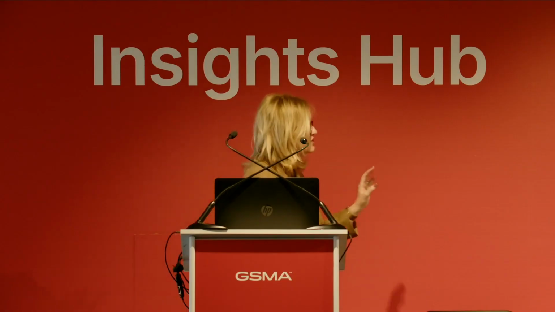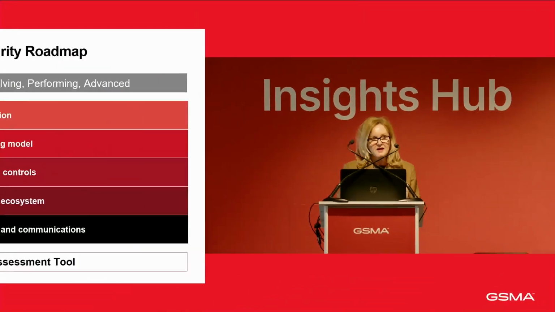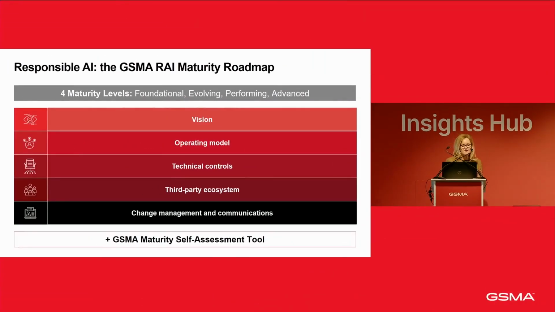Janine opened by talking a little bit about the GSMA roadmap, and I just want to take you through it to set some context for the panel. The roadmap asks organisations to take a holistic view, to consider societal impact, legal requirements, stakeholder impact, and ethical values.